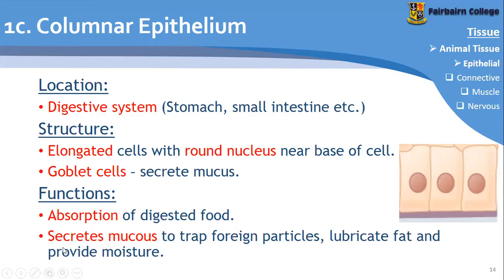And then also, as mentioned, the goblet cells secrete mucus. So that's another function of columnar epithelium, is to secrete mucus. And here are some of the functions of the mucus: to trap foreign particles, lubricate fat, and provide moisture.